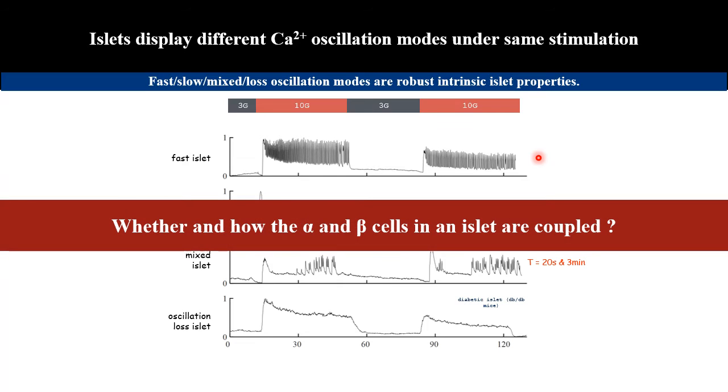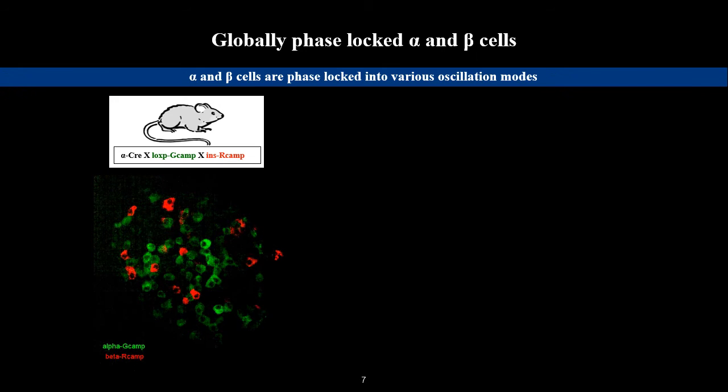Then we wonder whether and how the alpha and beta cells in an islet are coupled. So we generated transgenic mice where the alpha cells are specifically labeled with the green calcium sensor G-CaMP, and the beta cells are sparsely labeled with the red calcium sensor R-CaMP.